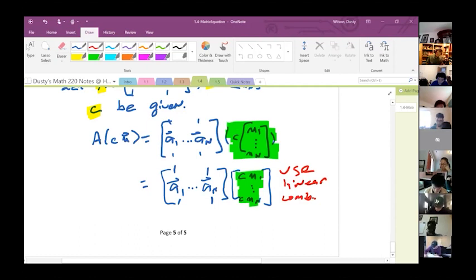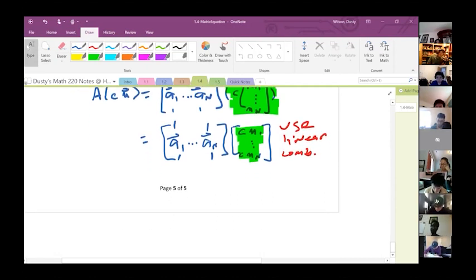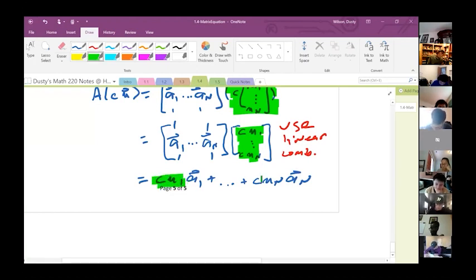And so this will be equal to cu1 A1 plus dot dot dot plus cun An. Okay.